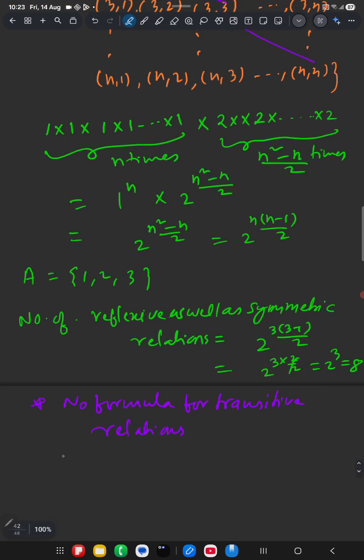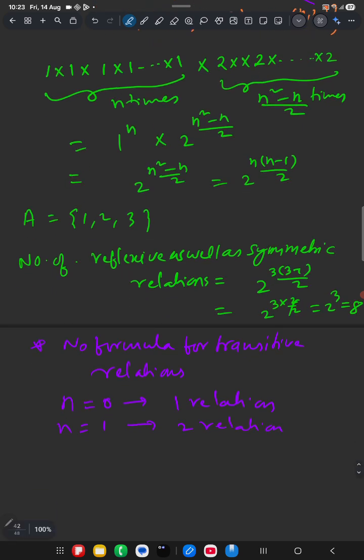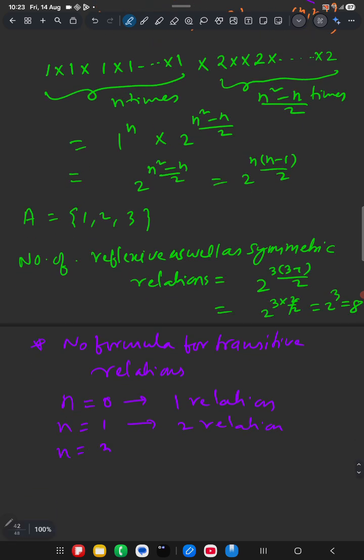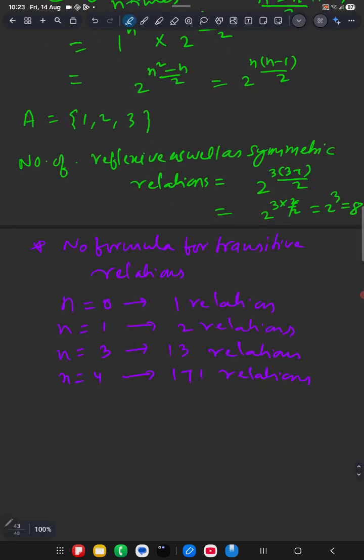But if you want to remember it, then for n equal to 0 there is one relation, for n equal to 1 there will be two relations, for n equal to 3 you will have 13 relations, and for n equal to 4 you have 171 relations. You can remember it only.